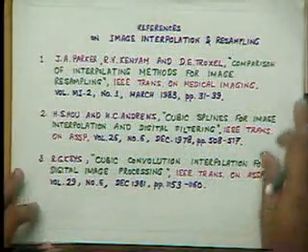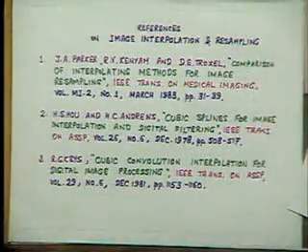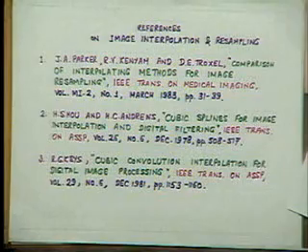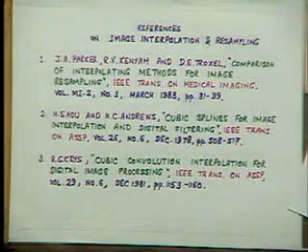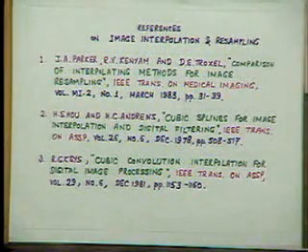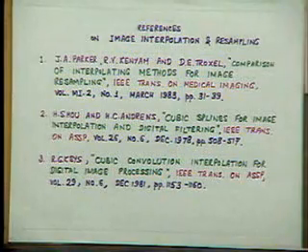Now just a few references. On image interpolation and resampling, some very useful references are these. The first one is by J. A. Parker, R. V. Kenyon and D. E. Troxel: Comparison of Interpolating Methods for Image Resampling.